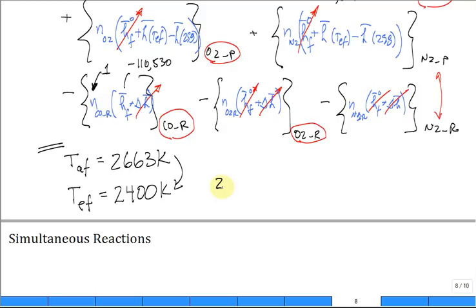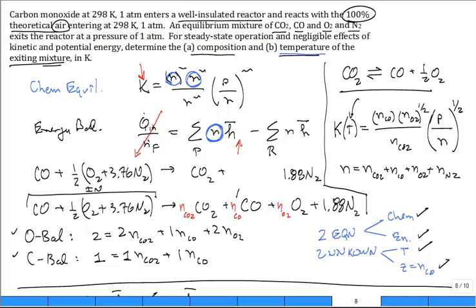And that Z, the amount, is 0.125, meaning this is 0.125. It's quite a bit of carbon monoxide going out at that elevated temperature because of the dissociation.